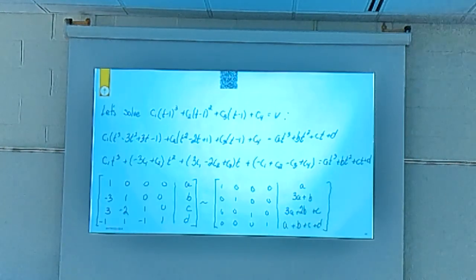Is it linearly independent? If A, B, C, and D are all 0? Yeah, it's linearly independent, right? You get only the trivial solution.